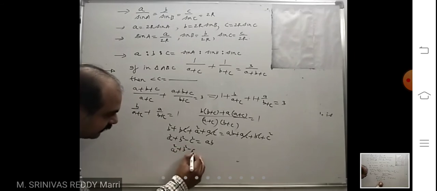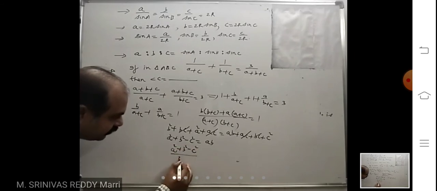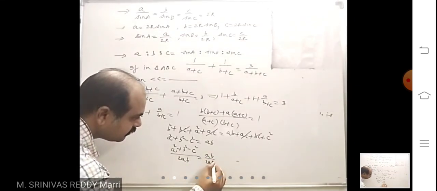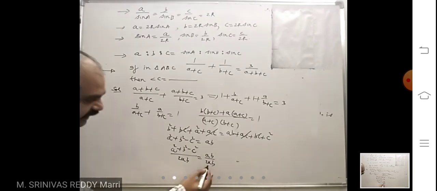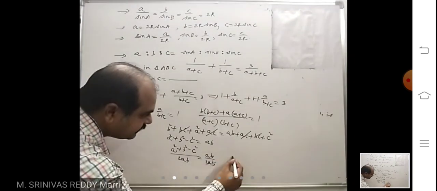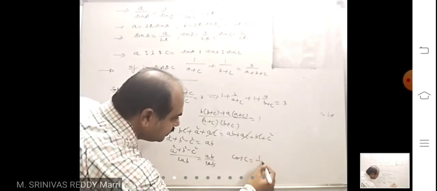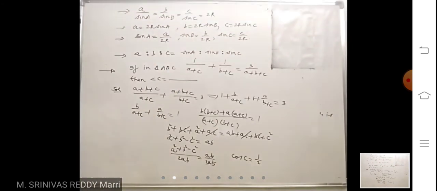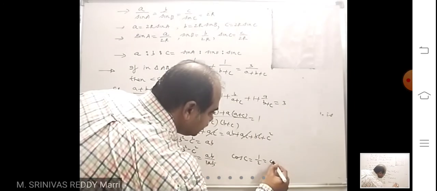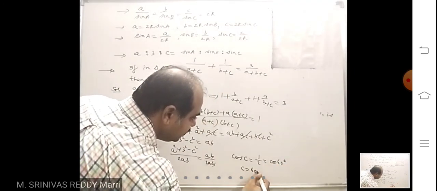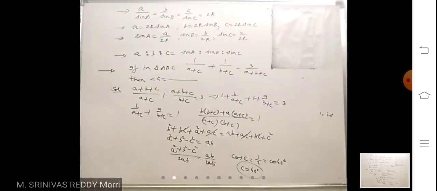I am dividing by 2ab on both sides, right? So this ab will get cancelled. Left hand side is nothing but our formula. This is nothing but 1 by 2. This is nothing but cos 60 degree. Therefore angle C is nothing but 60 degree.